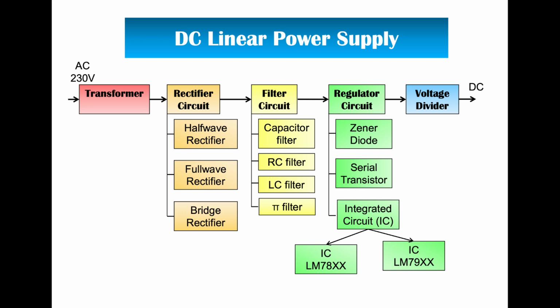And there are some components that the AC signal needs to pass, which you need to remember: transformer, rectifier, filter, regulator, and voltage divider. And you know that each of these has a different function in order for us to get the final regulated smooth DC supply at the end here.